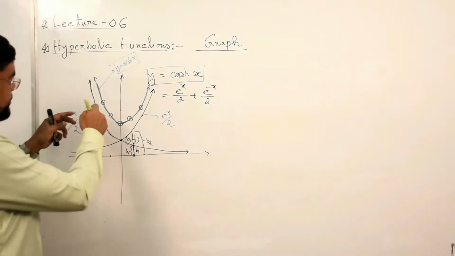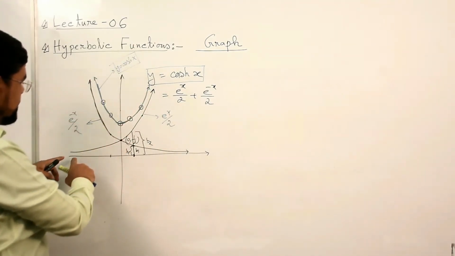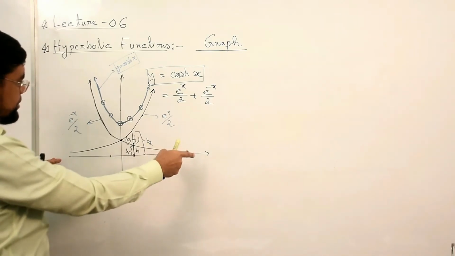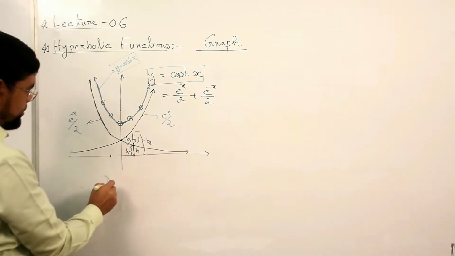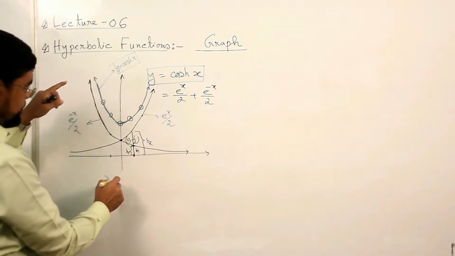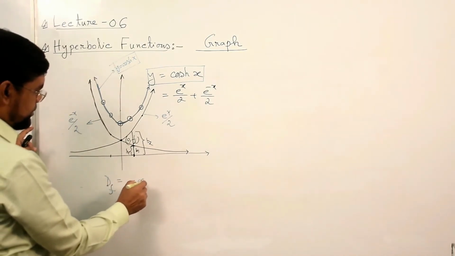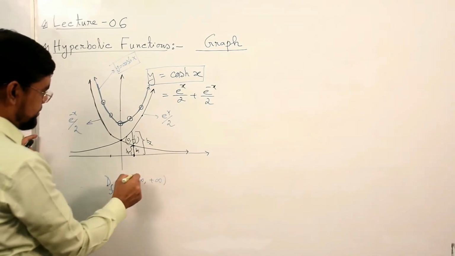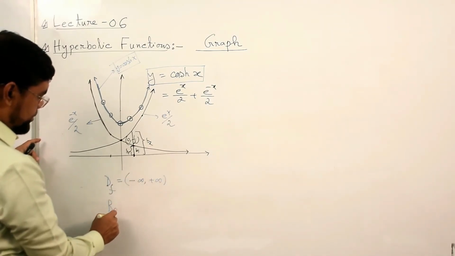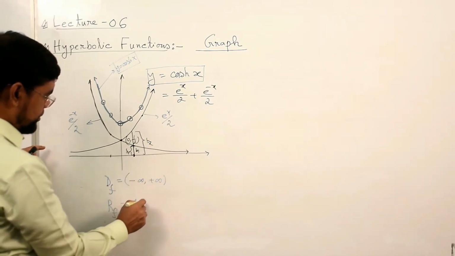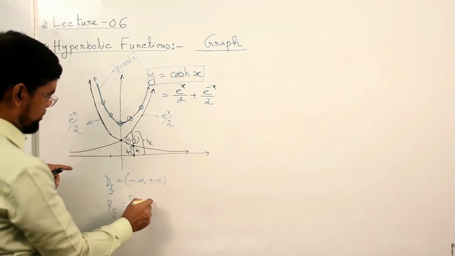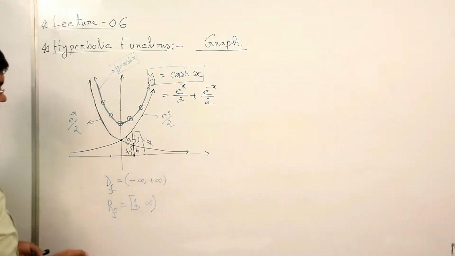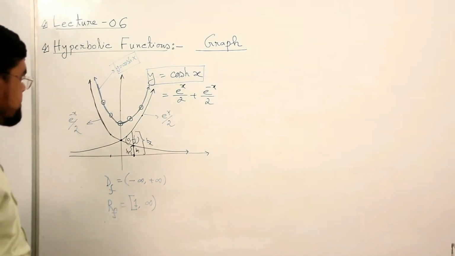The domain of cosh x will be negative infinity to positive infinity, and the range of this function will be 1 to infinity, where 1 is included in a closed interval, but infinity is open.